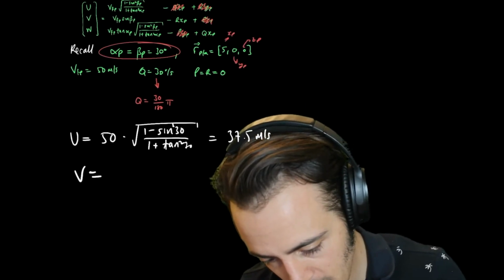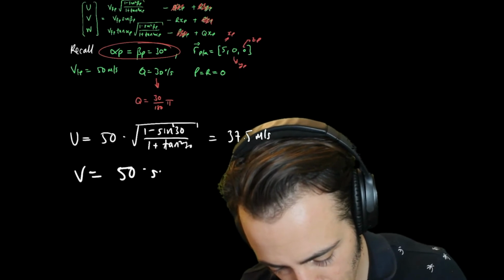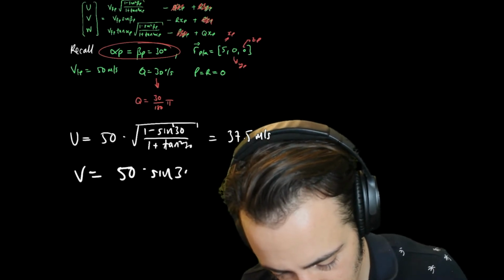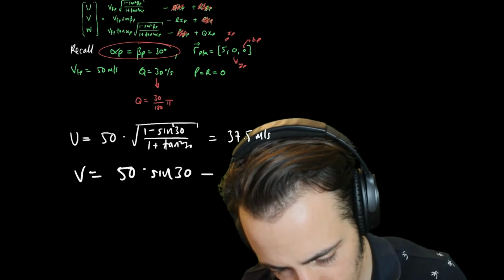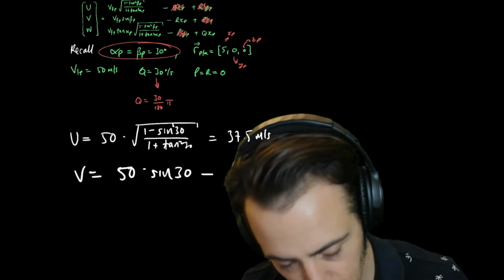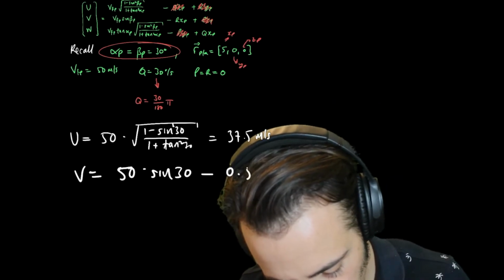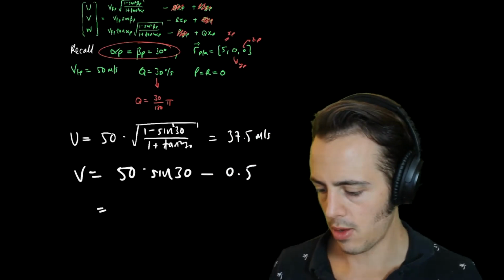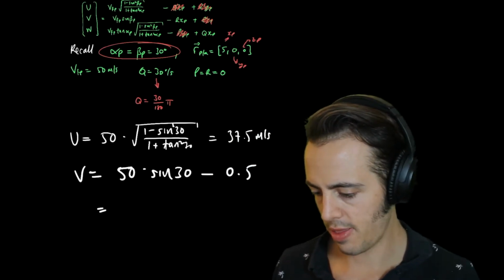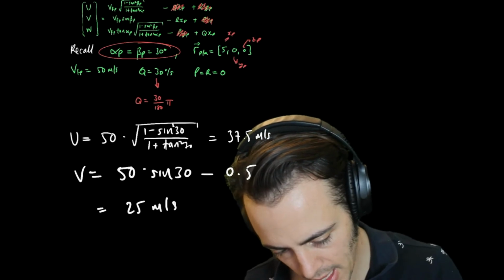V is just going to be equal to 50 VFP multiplied by sine 30 minus RXP. Now R is 0, so it's just going to be 0 in this case. So 0 multiplied by 5. So we get 50 multiplied by sine 30, 25 meters per second.